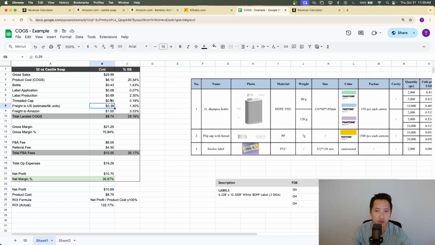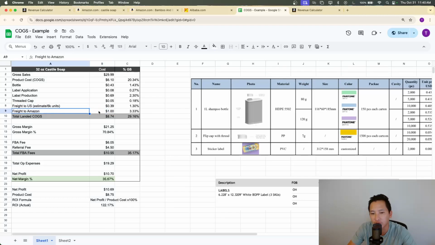Say if you're manufacturing in China, you'll get the final cost of how much it costs to ship. And then what you can do is just do some simple math, take that total cost, divide it by the number of units you're manufacturing for, and you'll get the per unit cost to ship freight. Now, the last variable cost we have is the freight to Amazon.